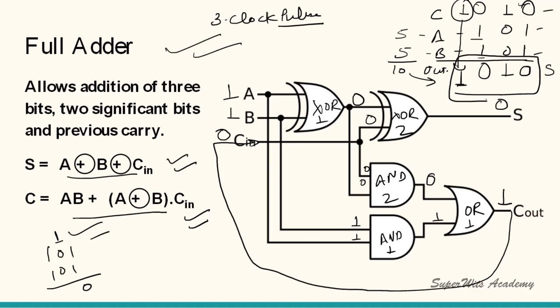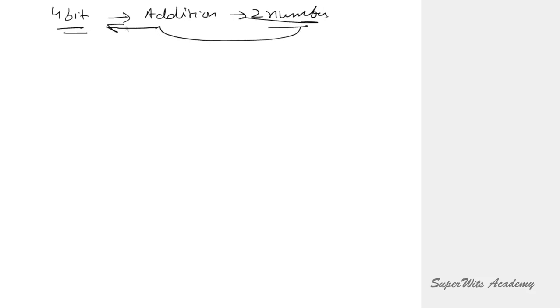in an actual digital computer system. So that means what we have in real digital computers. So let's say I wanted to add 4 bits, right, where the addition is to be done for 2 numbers, and each number is 4 bit. So in that case what I'm going to put is full adder 1, full adder 2, full adder 3 and full adder 4, right?